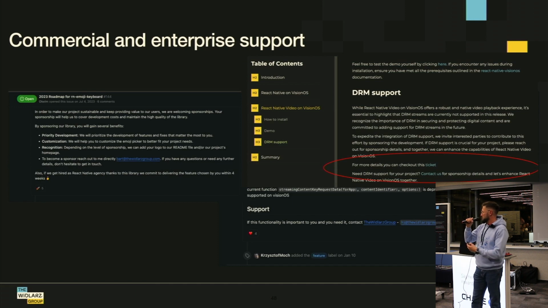We also provided ways to talk with us about commercial and enterprise support. If something is out of scope of the roadmap or needs to be done faster, we're always open to discuss.